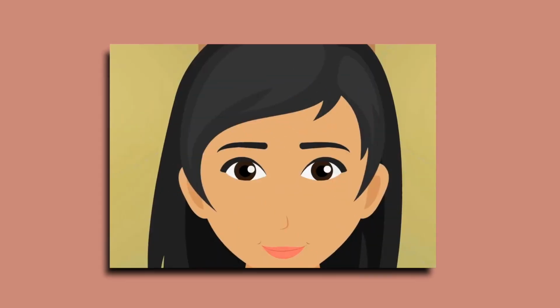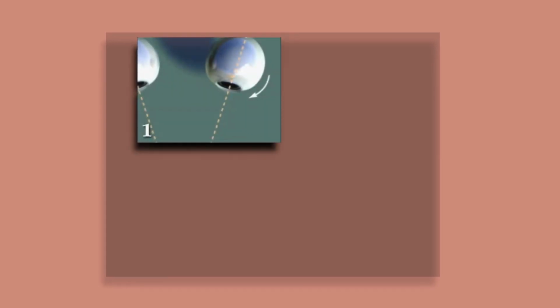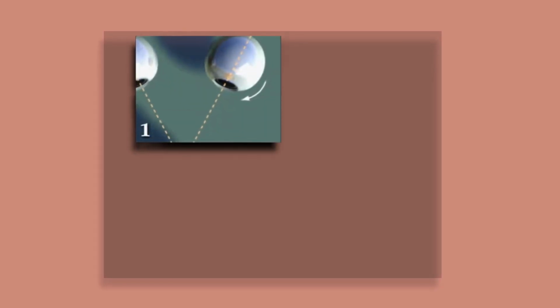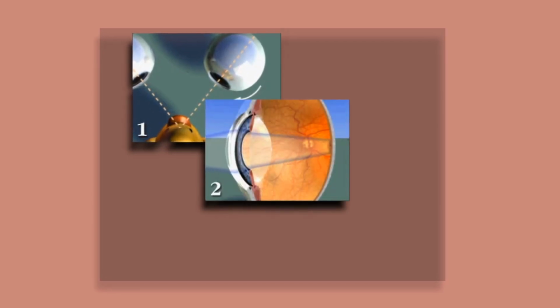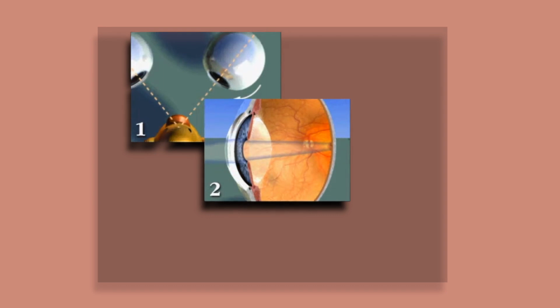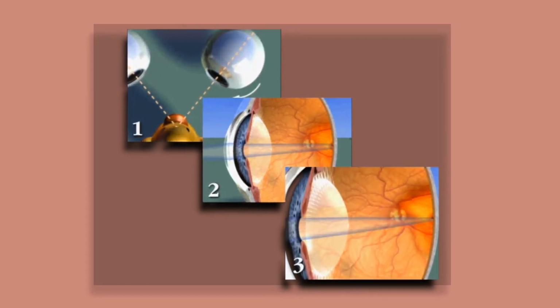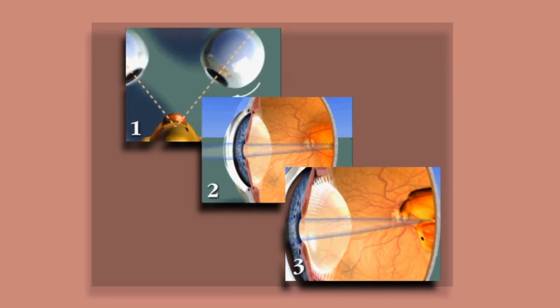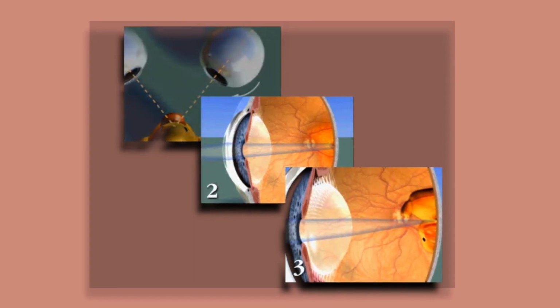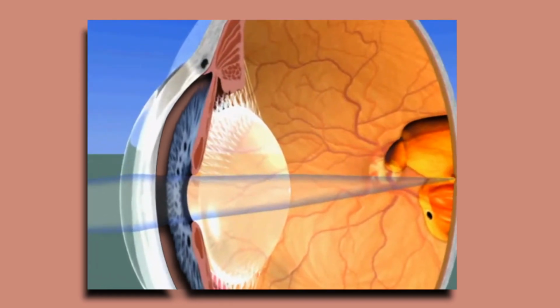You can either see something closer and not see something at a distance, or you can see something at a distance and not see something closely, or you can see something with an angle and not the way it is. The angle of refraction is not proper, or the eye may not focus correctly on the retina.